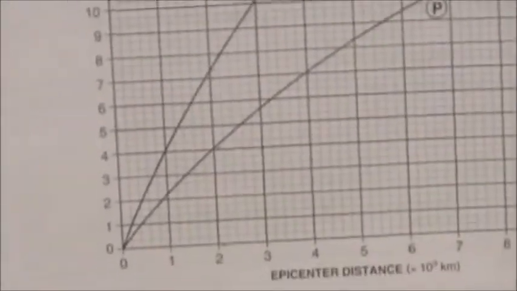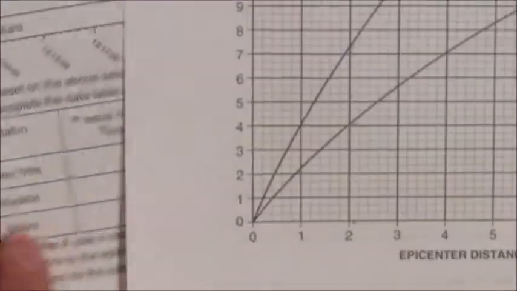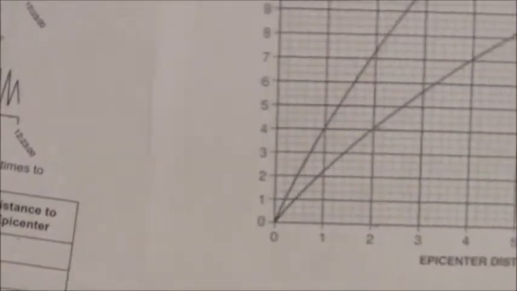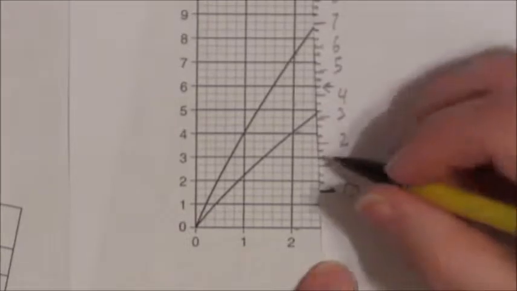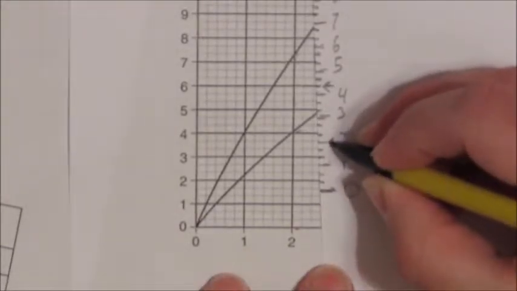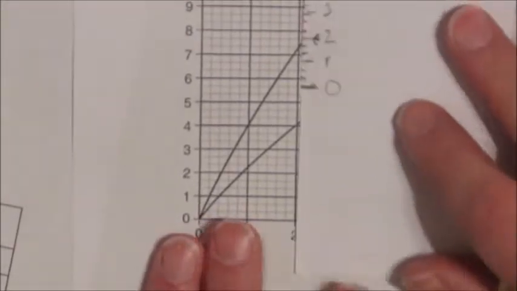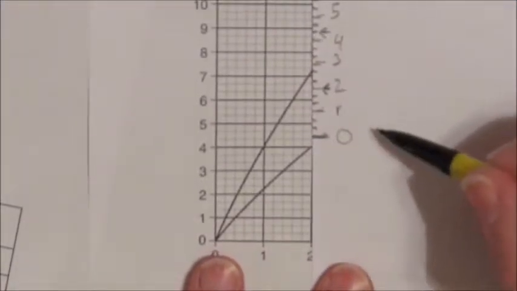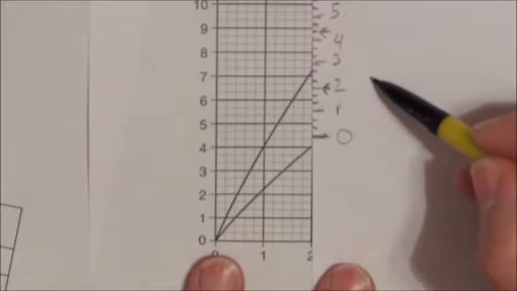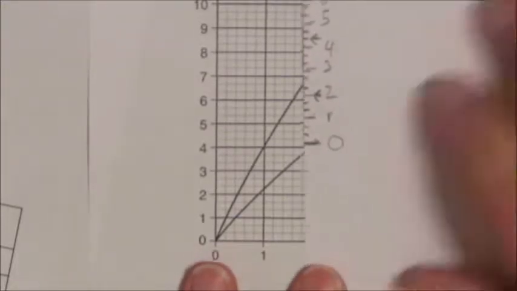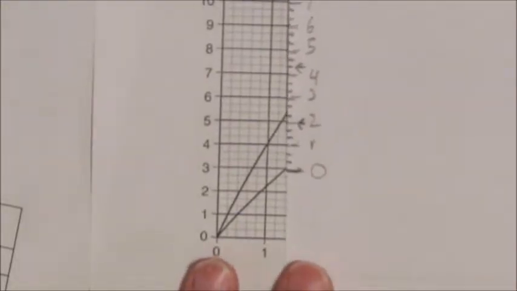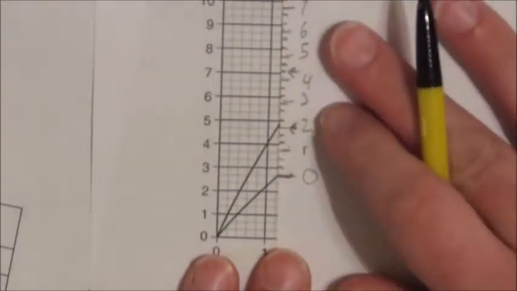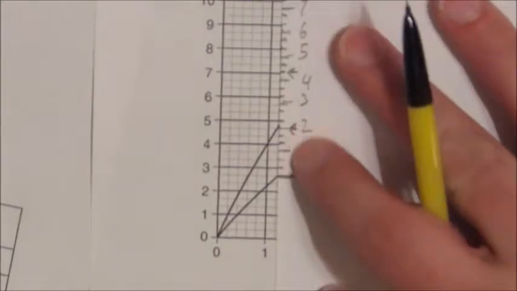All right, so now is where we're going to take this data and look at the graph. Okay, now our very first time was 2 minutes exactly. So we're going to find 2 minutes on our scale, our little ruler here, and we're going to look on this graph where, if we keep the P wave at the 0, the S wave lines up at 2. Okay, so we're going to go down until we meet that mark. All right, and that's right about right there.